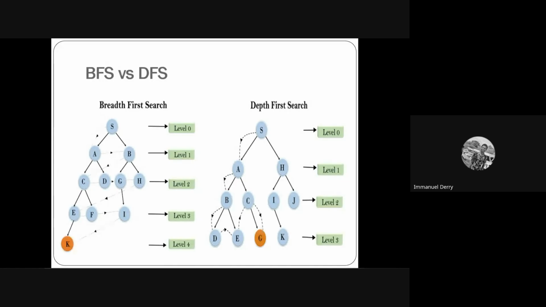And in this particular DFS, that is where we have this concept of backtracking. In some cases, you reach a dead end and in your search, you couldn't find the value or the element you are searching for. However, you haven't exhausted all the nodes in that particular tree. So you have to backtrack to the previous one you visited before you move on to the other one you haven't visited. So this is how it's being done.